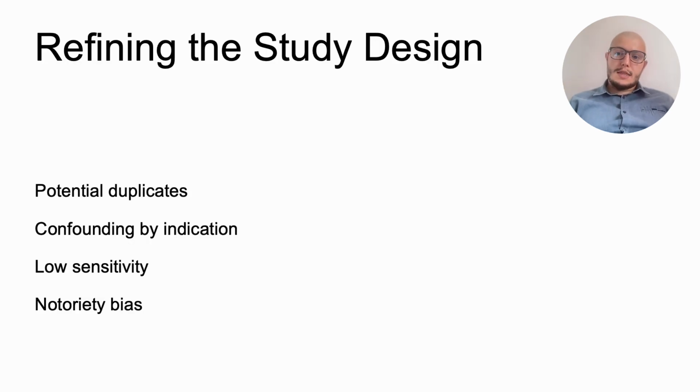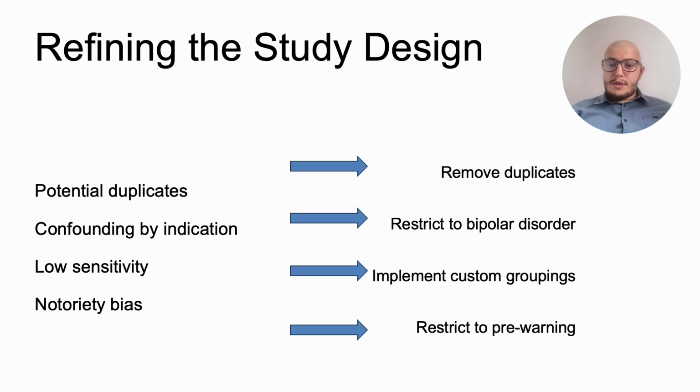For example, you could say that not taking into account duplicates may distort the results, that aripiprazole recipients that often have bipolar disorder may be more susceptible to impulse control disorders independently from the administration of aripiprazole, that sensitivity may be low because, for example, it is possible to refer to kleptomania not only with the term kleptomania but also with shoplifting, and that the warning may have caused over-reporting, distorting the signal, and we want to look at the evidence before the warning.